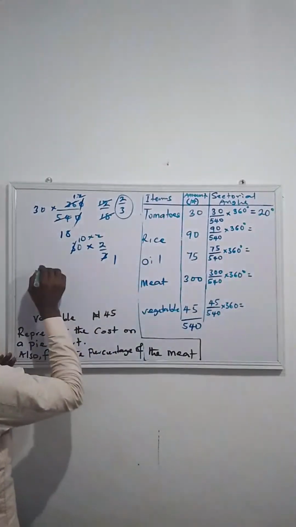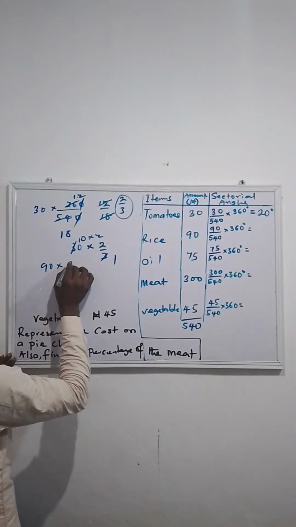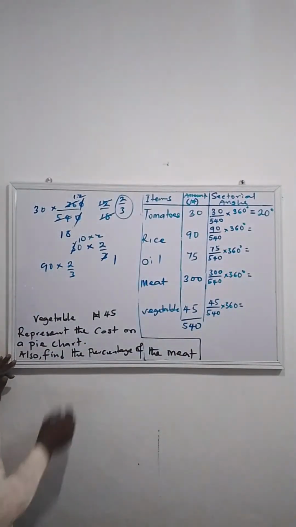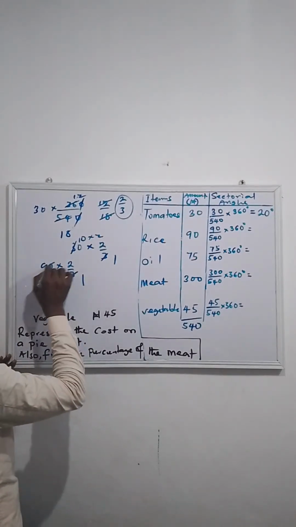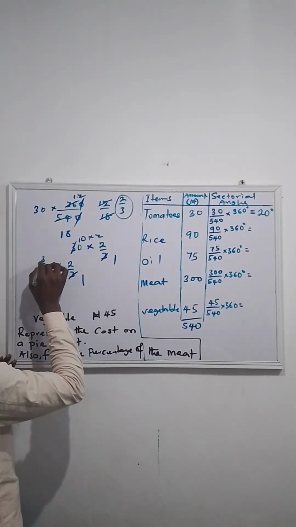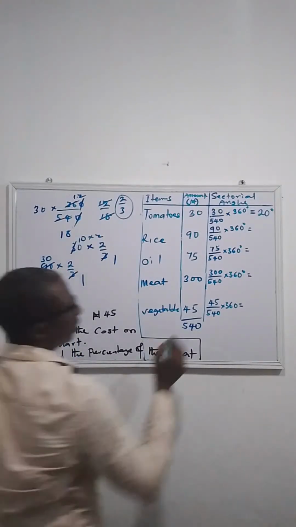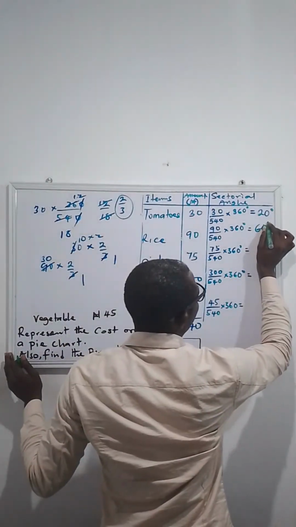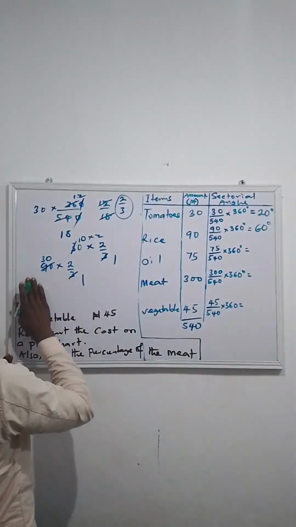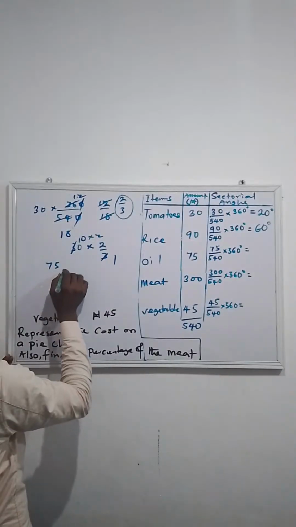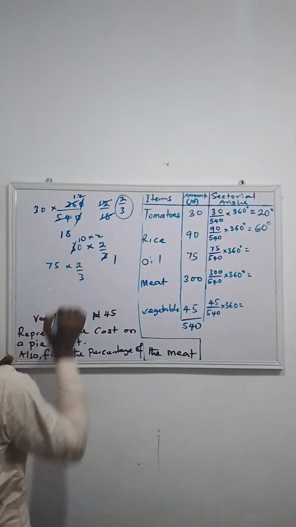Look at the next one, which is 90. So 90 times 2 over 3, because I know this is 2 over 3. So 3 goes in 90, that's 30. So 30 times 2 gives you 60. So we have 60 degrees. The next one, we have 75 times 2 over 3.